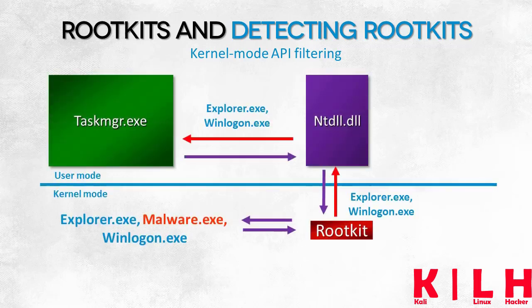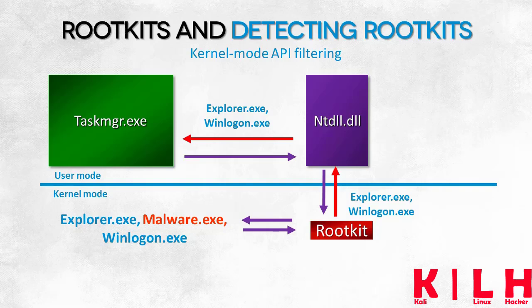The second type of rootkits are kernel mode rootkits that hook the kernel API. Let's go back to the example given before. A user or administrator wants to display a list of active processes. This time the list is not filtered user-side, but in a system function call.